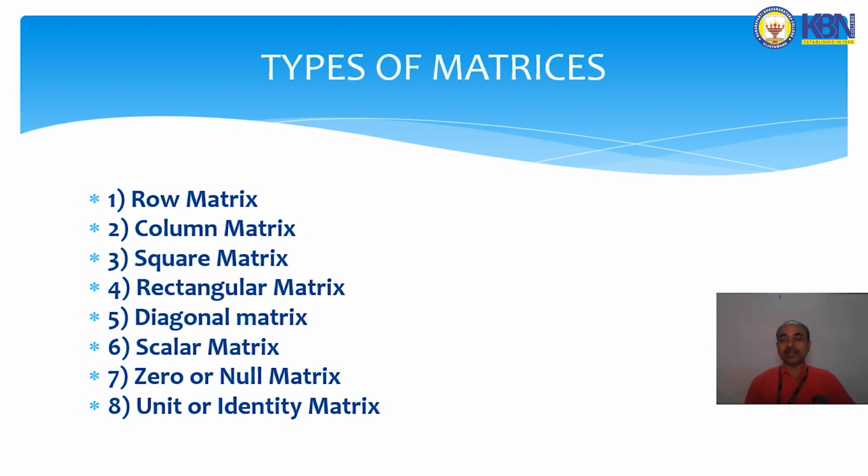If all the elements in the diagonal are equal and remaining elements are zero, it is called a scalar matrix. If all the elements including diagonal elements are zero, it is called zero or null matrix. And finally, if the diagonal elements are 1, it is called unit or identity matrix. 1 0 0, 0 1 0, 0 0 1 is identity or unit matrix.